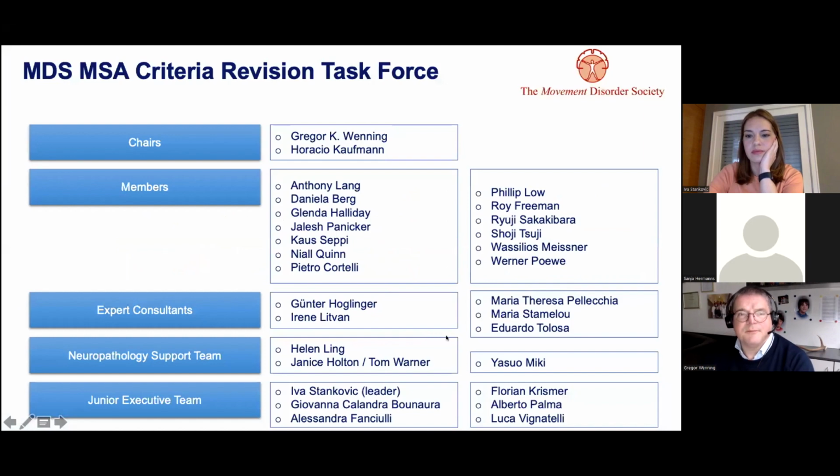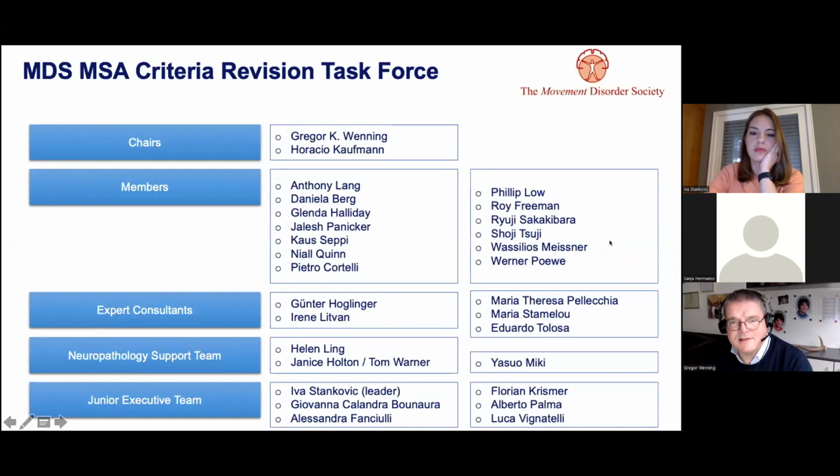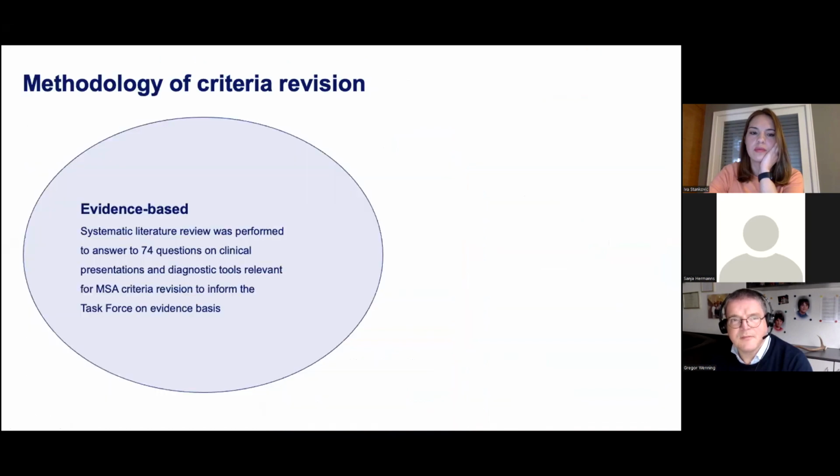This task force was chaired by myself and Horacio Kaufmann. There were a number of members and external expert consultants, as you could see here. The methodology of the criteria revision was evidence-based. A systematic literature review was performed.